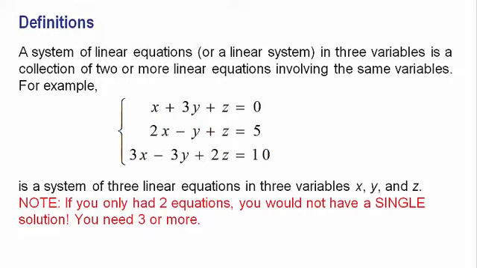You're going to get infinitely many solutions or sometimes no solutions, because in order to solve for three variables, we need three or more equations to get one solution. Just like if we need to solve for four variables, we would need four or more equations. But for something to classify as a system, it just needs two or more equations. That's just the definition.